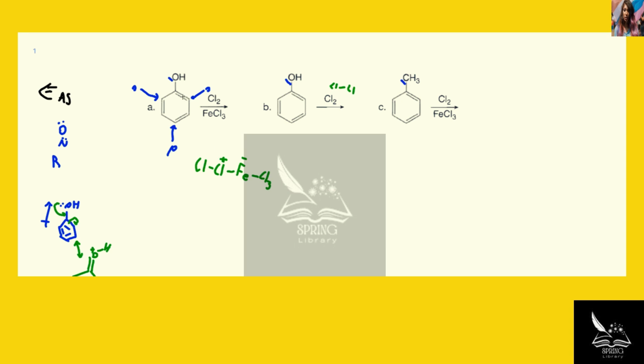So when you do your electrophilic aromatic substitution, you'll make this bond, break this bond, and now you'll get one product that's going to be ortho substituted. But now you have your conjugate base, which is this.